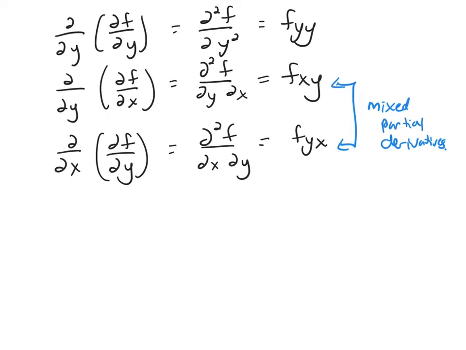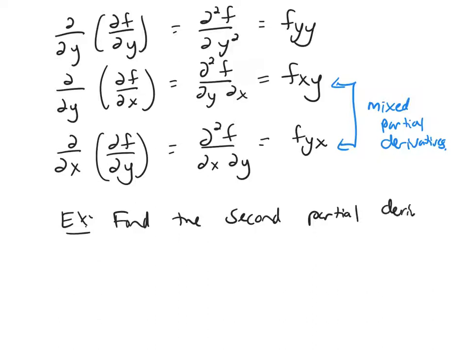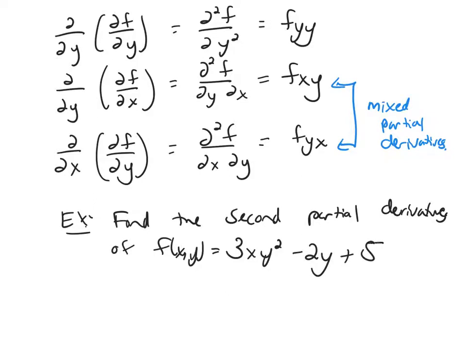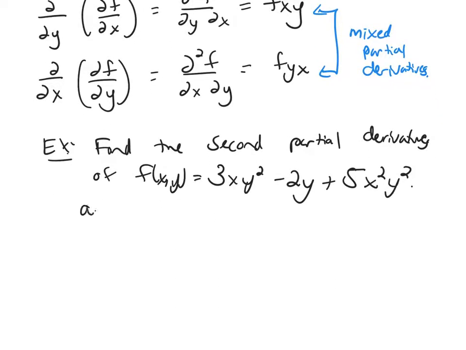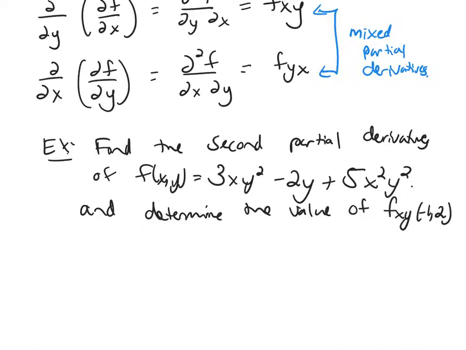So let's look at an example here. Find the second partial derivatives of the function f of x,y, which is 3xy squared minus 2y plus 5x squared y squared, and determine the value of fxy at negative 1, 2.